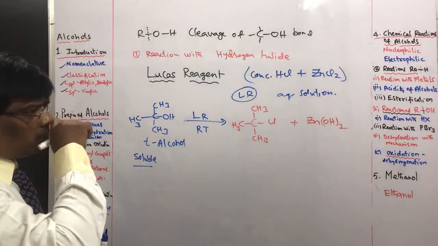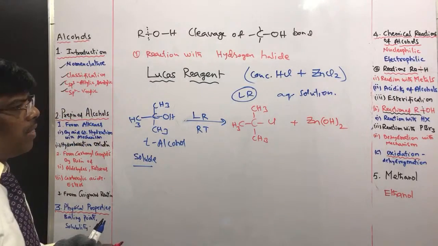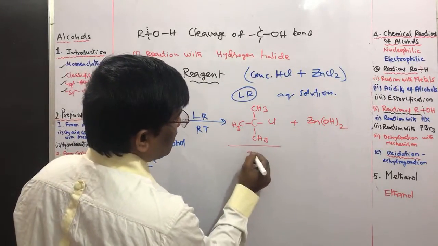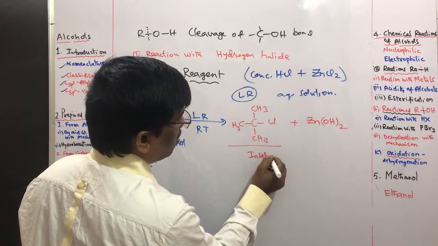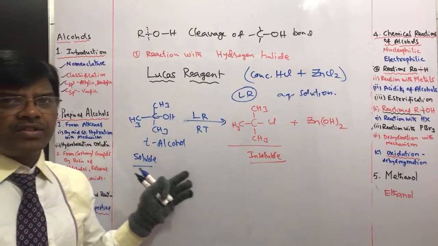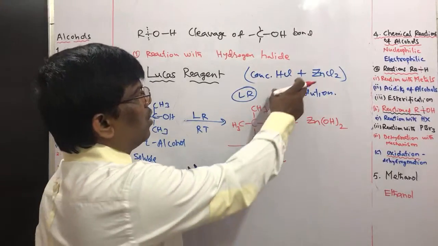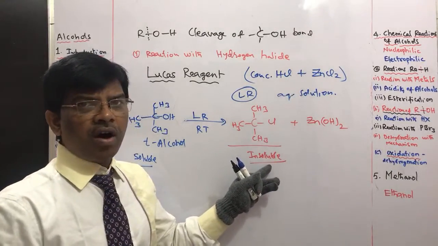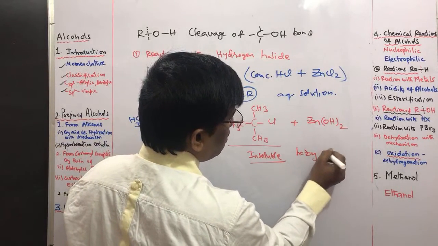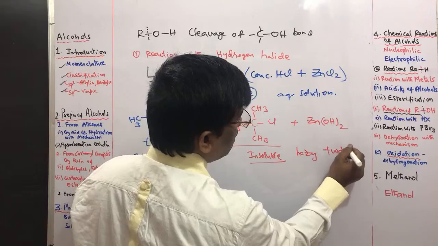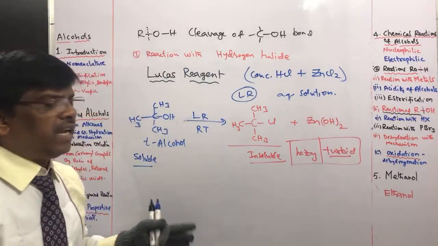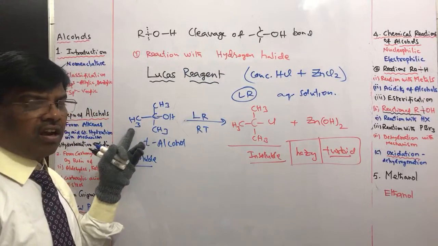Yes, so it is going to form tertiary butyl chloride. This tertiary butyl chloride is insoluble. So tertiary alcohols, as soon as we add to Lucas reagent, are going to form a precipitate type or hazy turbid precipitate or hazy solution.